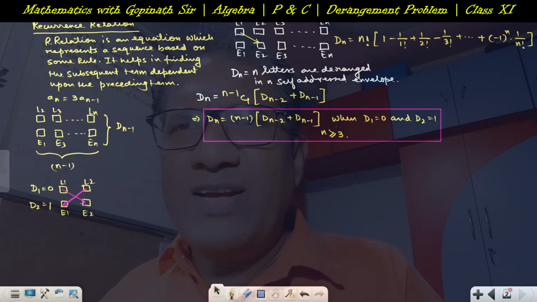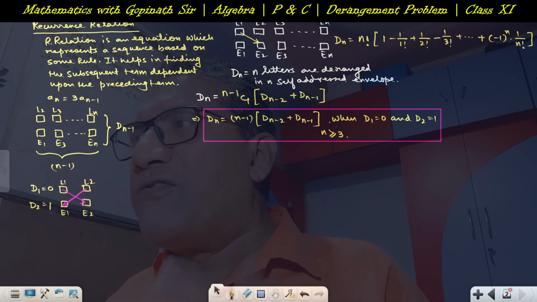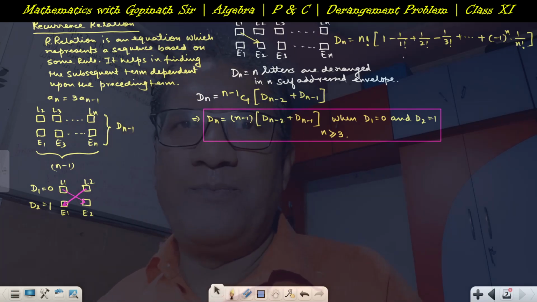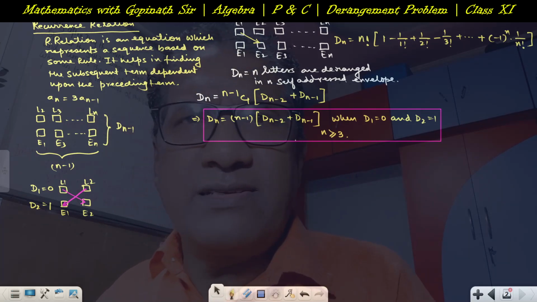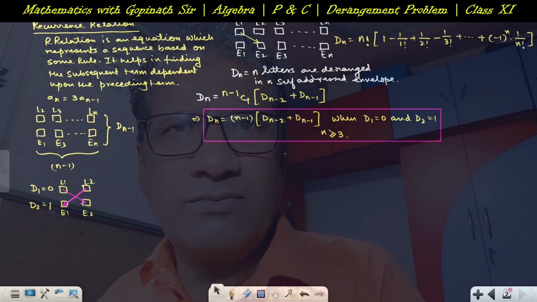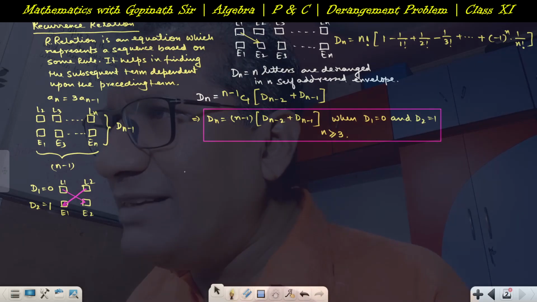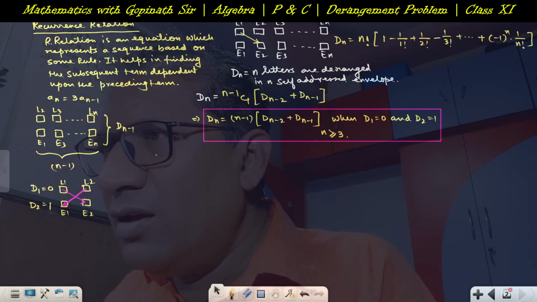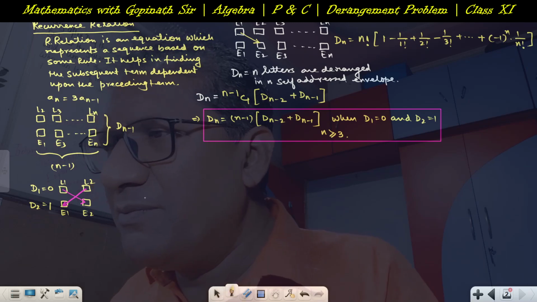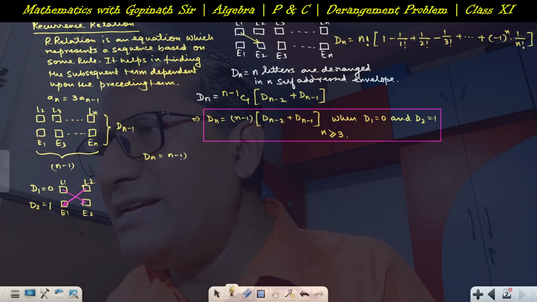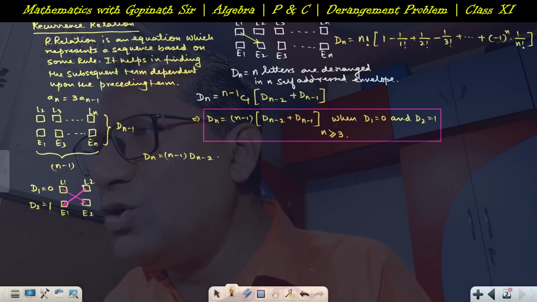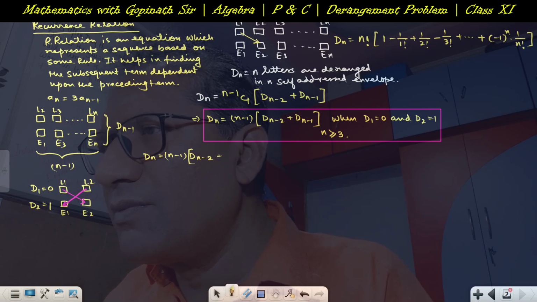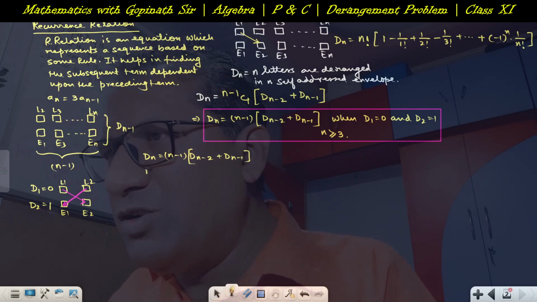Now a general question can come, sir, can you find this relation from the derangement relation that we got? Well, let's try this one. We have Dn as (n minus 1) into D(n minus 2) plus D(n minus 1). So let me do one thing.